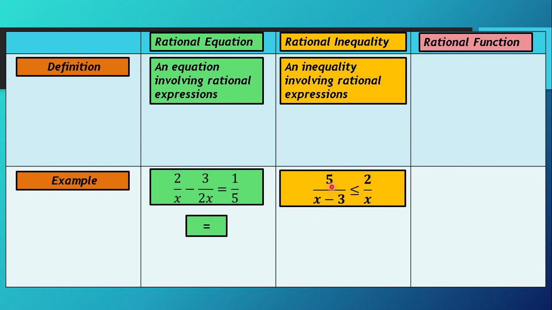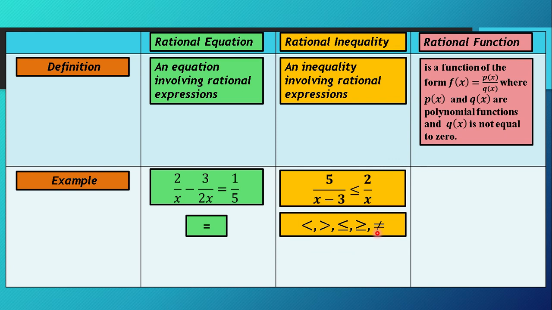Kasi meron po tayong involved na rational expressions, 5 over x minus 3 and also 2 over x. At ang symbol na ginamit ay isa sa mga inequality symbol which is less than or equal to. So other inequality symbols are less than, greater than, less than or equal to, greater than or equal to, at pwede ring not equal to.